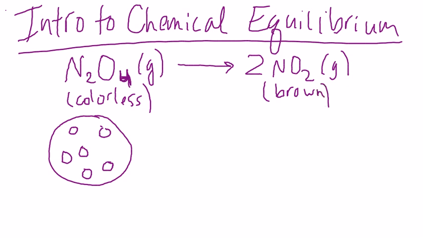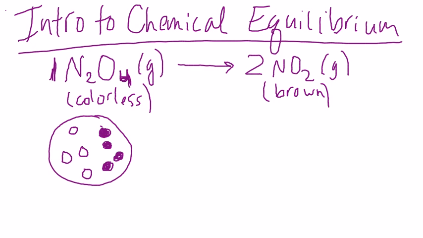So what you start to notice is that some of these gases form a dark brown gas. Because one N2O4 transitioned into two NO2 gases, I'm going to show one of these circles going dark, and then another dark circle is going to pop up as this gas decomposes.